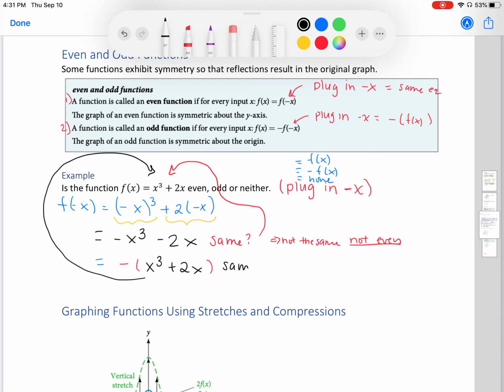The answer is yes. So because we can say yes to this, we can say our function is odd. Now, both of these may fail, and in such case, we just say it is neither even nor odd.